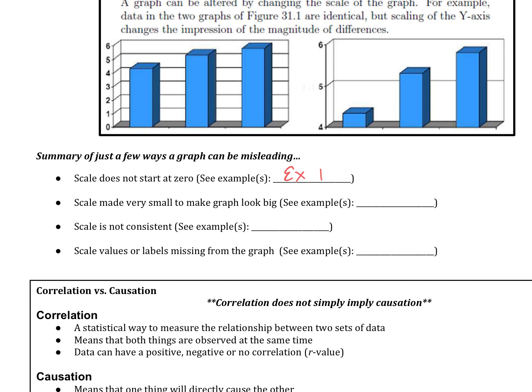So you can look back at example 1 for that as well. When a scale is not consistent, that can be misleading. So that's example 2. And then scale values or labels are missing from the graph. You can take a look at examples 2 and 3 for that.